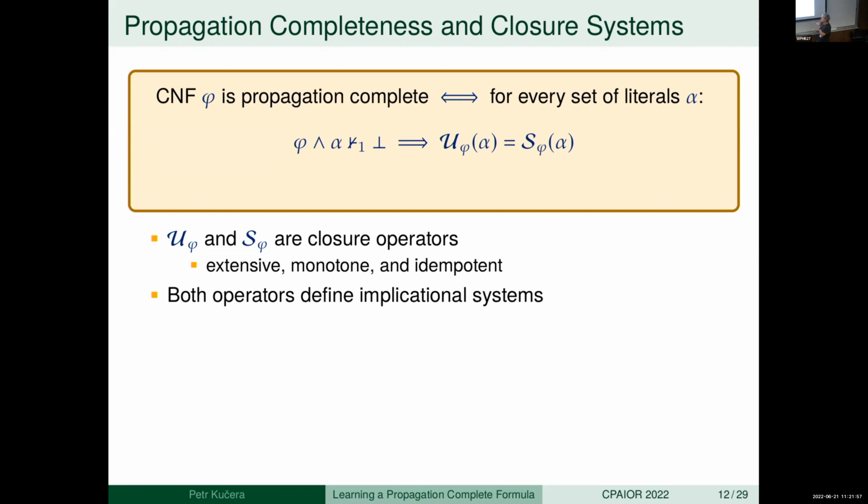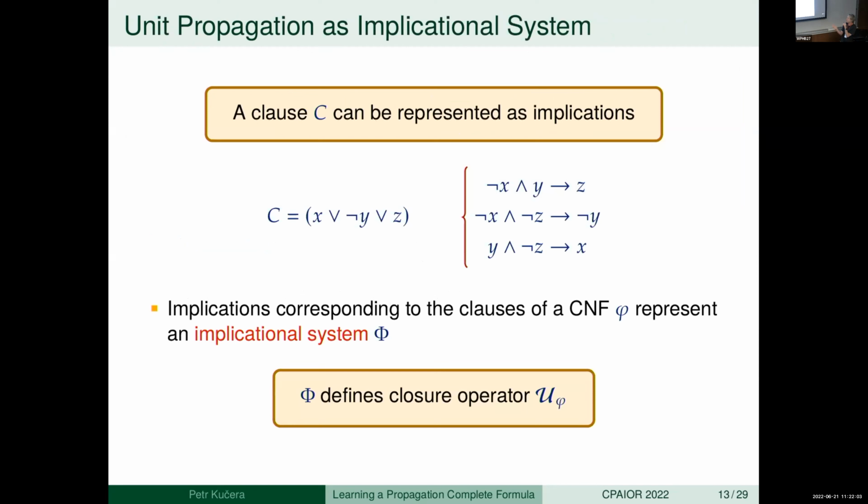Right. So what I mean by this is the following. If you look at unit propagation, the clauses that are used in unit propagation can actually be interpreted as implications, right? So in this case, for example, the clause C that has 3 literals corresponds to 3 implications, corresponding to 3 possible ways in which you can use it in unit propagation.